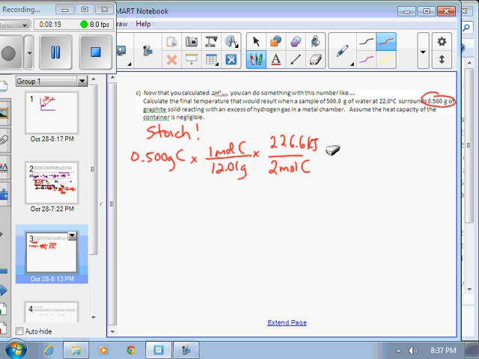Okay, so when I calculate that through, I'm also going to go ahead and convert that from kilojoules to joules. That comes out to about 4,717 joules. Okay, so that's the amount of energy that would be released for this process that I'm describing. That's such an important step to recognize that.